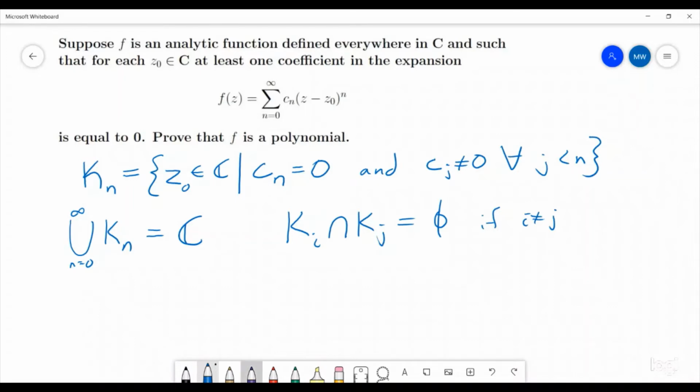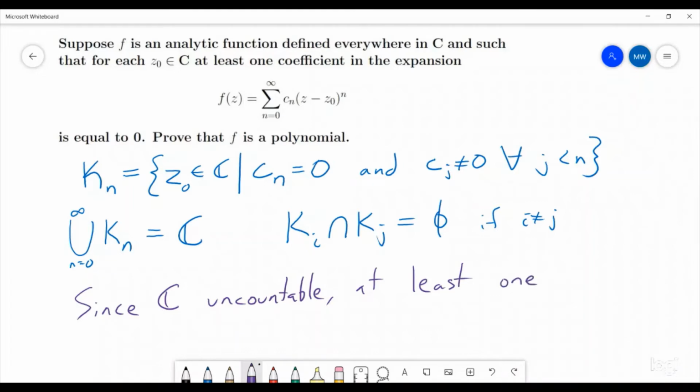So that means that since C is uncountable, at least one of our k sets is going to be uncountable as well. So at least one of the k sub j's is uncountable.